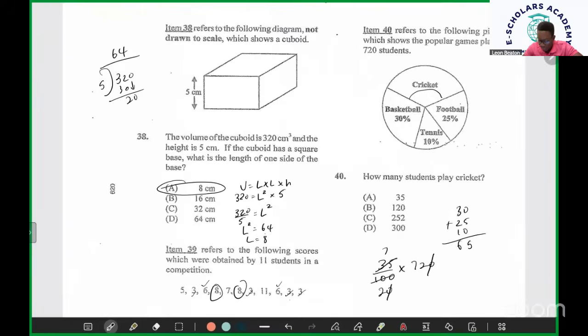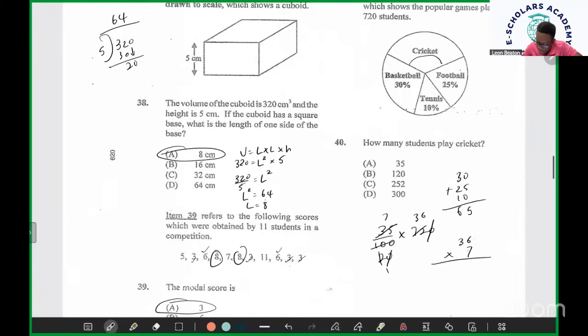This 0 goes with that 0. 2 into 72 is 36. So 36 times 7. 7 sixes are 42. So you can already see the answer is this. 7 threes are 21, 21 plus 4 is 25. So 252, which is C.